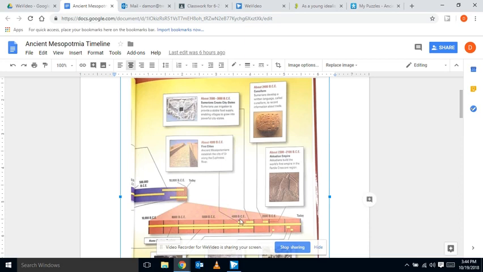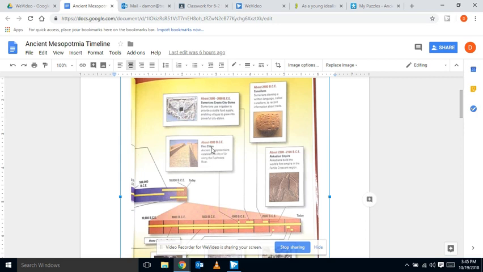So when looking at this map, you should be looking at the different boxes to see the dates, and then also going up, because this map actually gives you pictures. This timeline gives you pictures, and it tells you about each event. So when looking at this timeline, you look from left to right for the dates, and then you also look and see that each line on the timeline is going to go up and it's going to give you a picture of what happened.